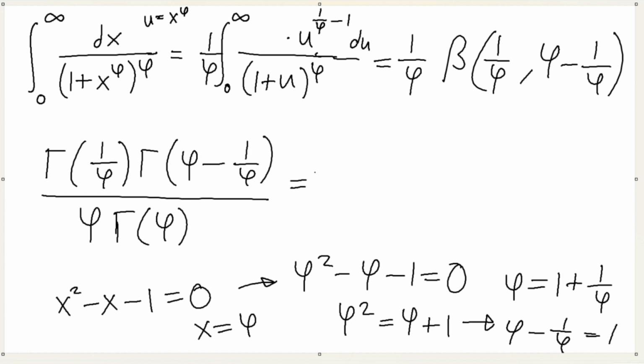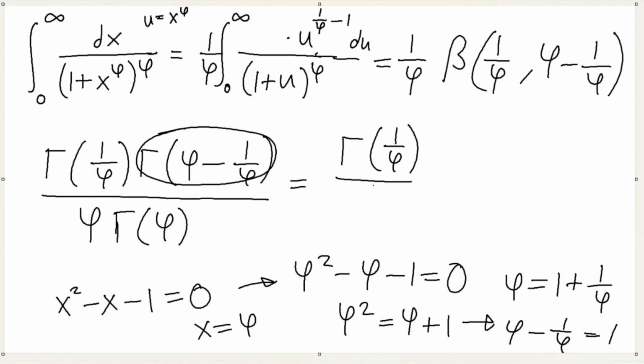So what this means is that this here is equal to 1. So we're left with just this, 1 over phi.